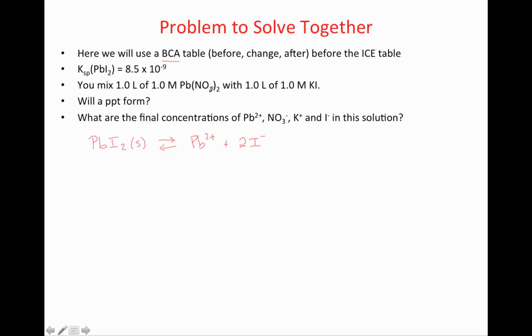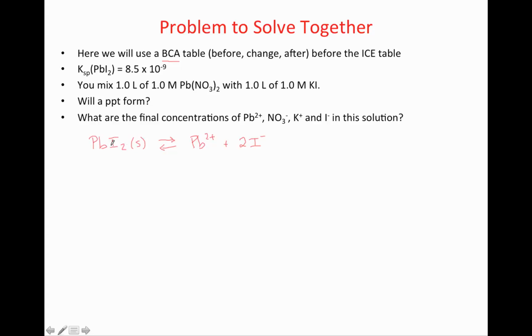And okay, so I can see that I'm going to have pretty high concentrations of these two, even when I mix the two solutions together. And it's certainly looking to me like a precipitate will form. How would I know that? Well, the KSP value is just so small here. And in fact, maybe what we should do is we should figure out what the concentrations of these ions are going to be in this solution right here.